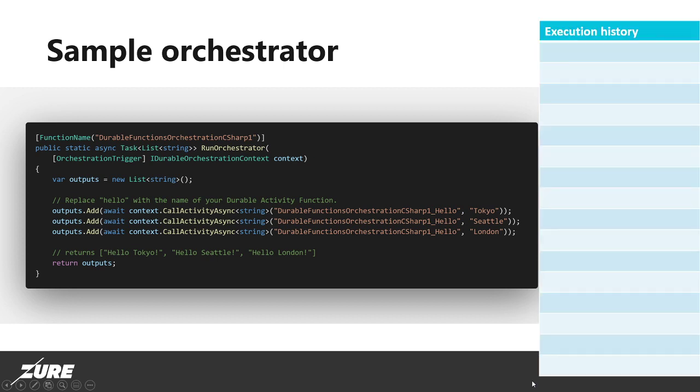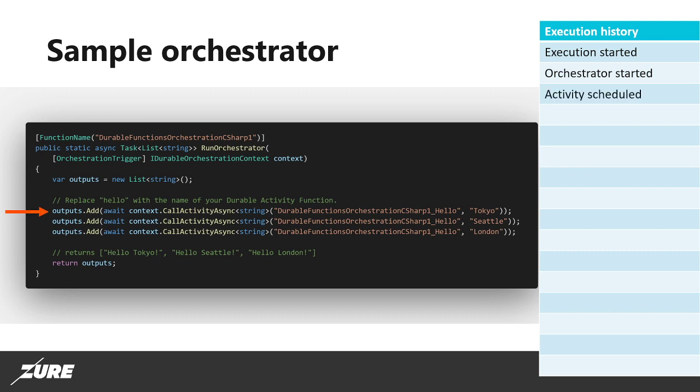In order for you to understand the replay behavior, I built this small animation here so you can see what happens. Let's say we start this workflow. There will be an execution started event. Then there will be an orchestrator started event, and we'll start running the code. We'll start from line 1, initialize the list. Okay, cool. Then we get to the second line.